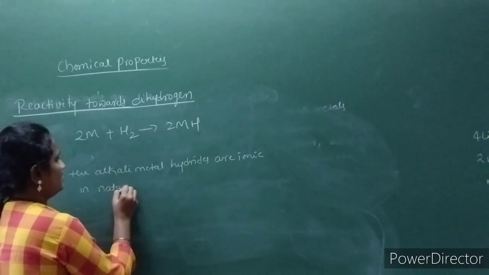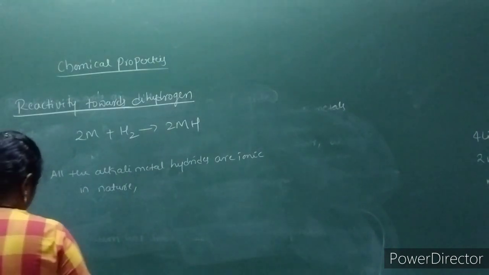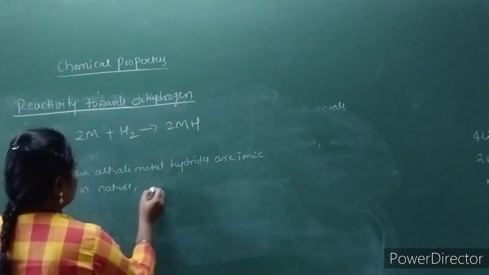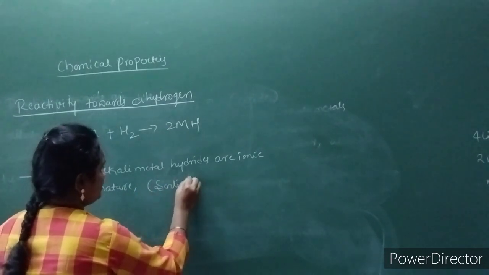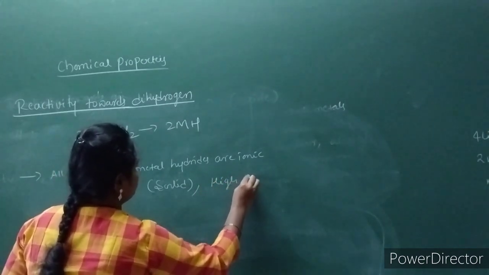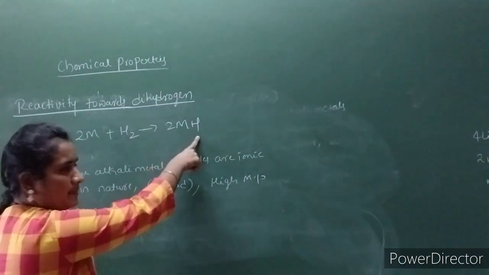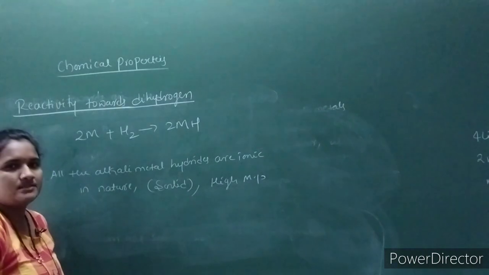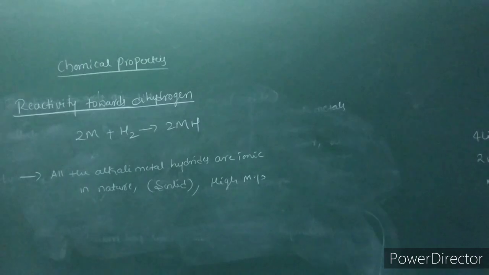Because of this ionic nature, they show high melting point, and these exist in solid form. So when they react with hydrogen, they form corresponding metal hydrides, and these exist as ionic solids and exhibit a high melting point. So usually all alkali metals are reactive towards the dihydrogen.